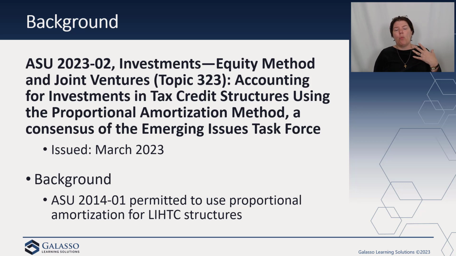And what the proportional amortization method does is it allows the entity to amortize the initial cost of the investment in proportion to the income tax credits and other income tax benefits received, and then recognizes that net amortization on income tax credit as an offset and component of income tax expense or benefit.